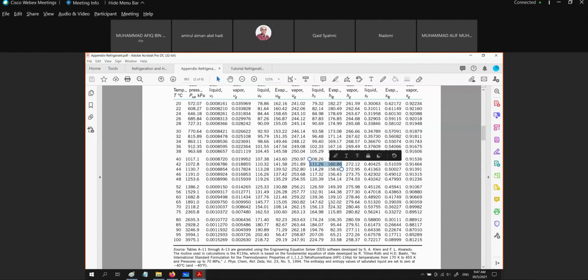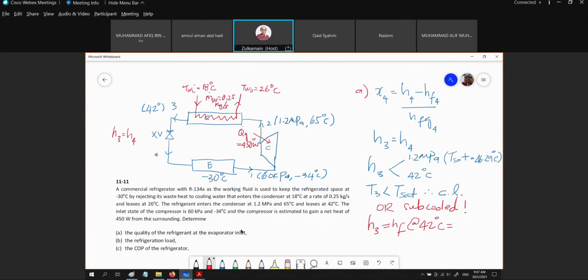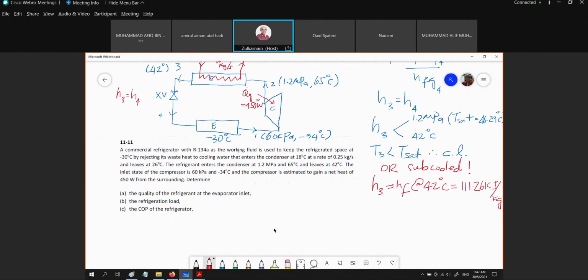So 42 degrees C will give us the enthalpy HF, 111.26 kilojoule per kilogram. And once we have H3, which is equal to H4, then we could get X4, which is equal to H4, 111.26, minus HF4.